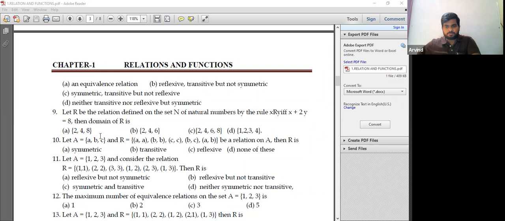Find the domain of it. It's very simple.